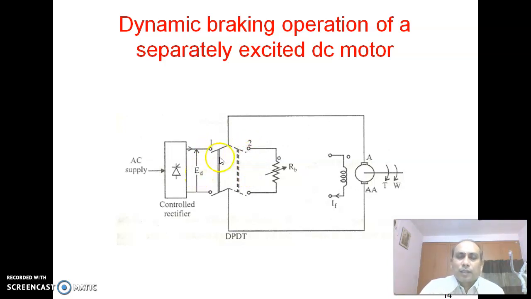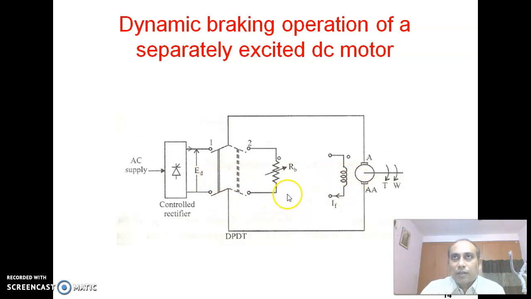The DC machine is working as a motor driving the load at a speed omega, and the armature current enters the terminal A and its magnitude will be IA. Let's say the current flowing through this circuit, IA equal to ED minus EB divided by RA.